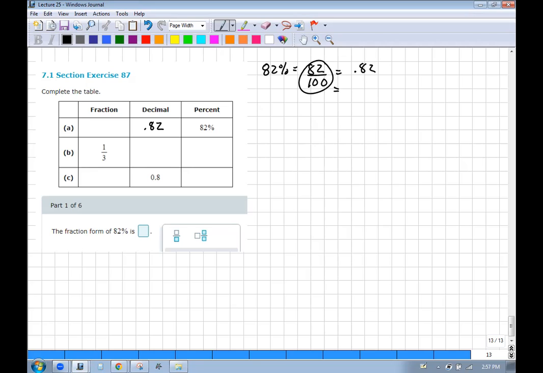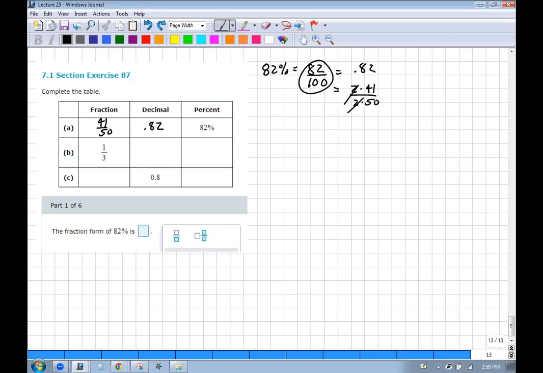But they probably want us to simplify it. Both of these are divisible by 2, and I think 41 is prime, so I'd write 41 out of 50. I mean, 82 over 100 will work, but technically it is a fraction. They didn't say simplify.